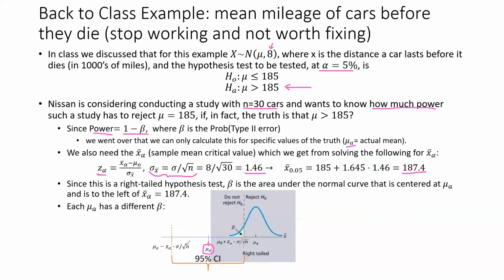And if we build that confidence interval around the null, so it's symmetric on either side, we have mu naught plus z alpha times sigma divided by the square root of n, and mu naught minus z alpha times sigma over the square root of n. So this distance in here is a 95% confidence interval. And what we are trying to find out is the probability of a type 2 error, that we are going to have some value in here when the truth is outside of that confidence interval.